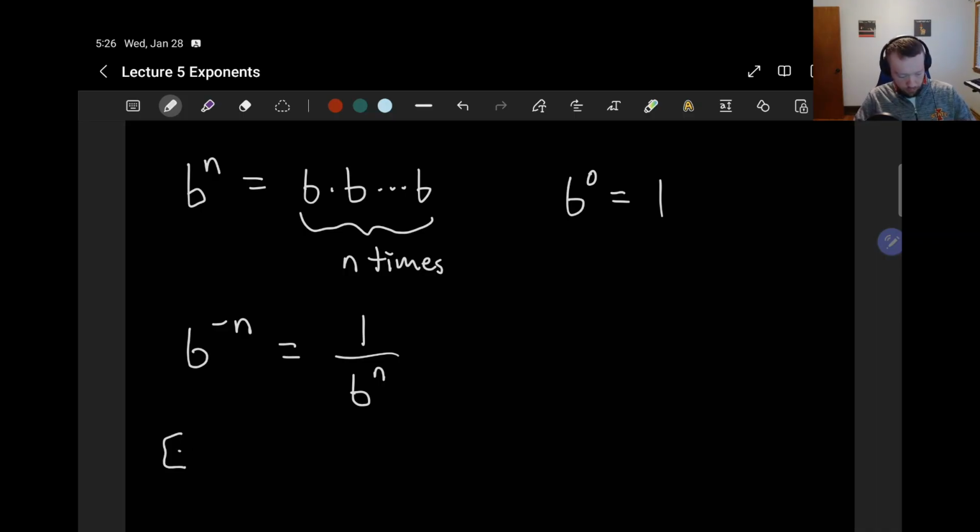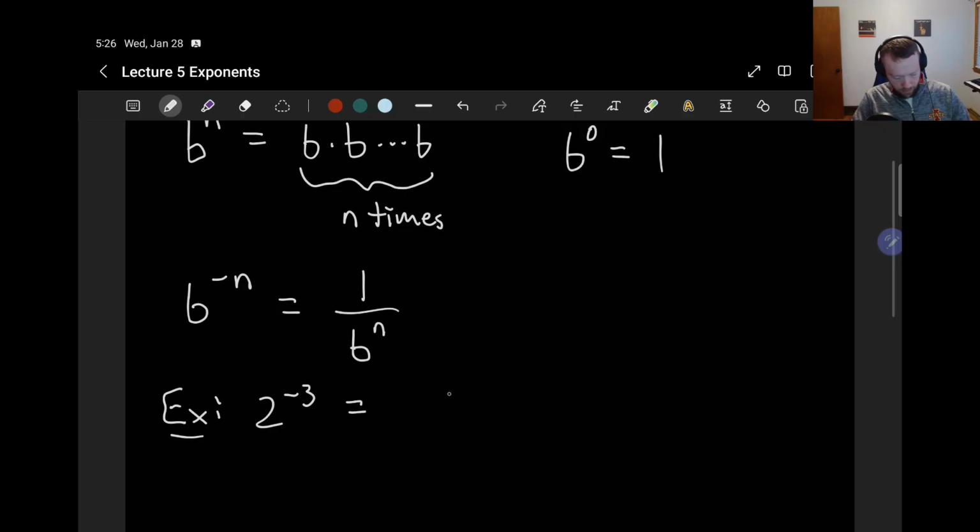So for example, if I want to take 2 to the negative third power, then this negative in the exponent does not negate my number overall, but rather it transports you.